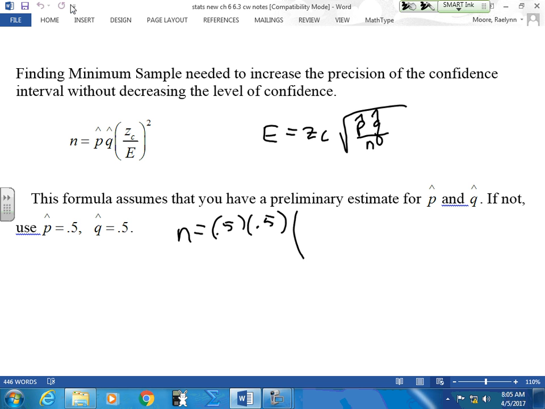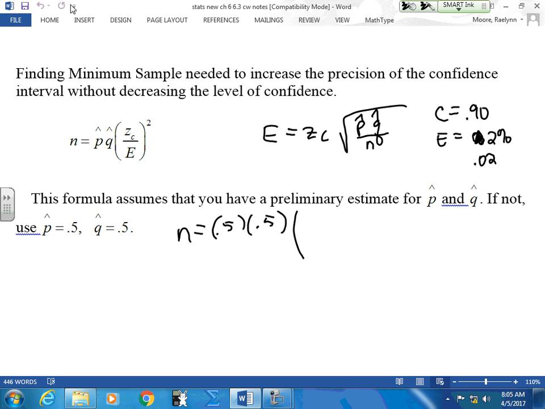Did I not have a confidence interval here? So say our confidence interval, let's just make one up. Say our confidence interval is 0.90, and our margin of error is 2%. So within 2%, this is going to be 0.02. Remember, these are proportions.